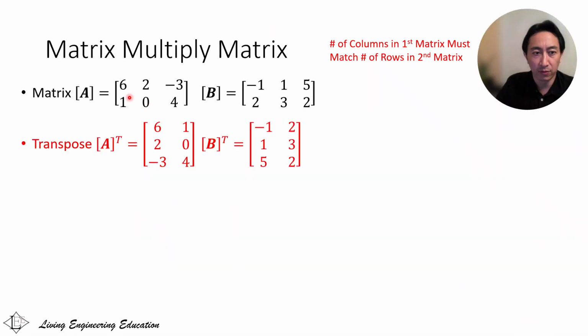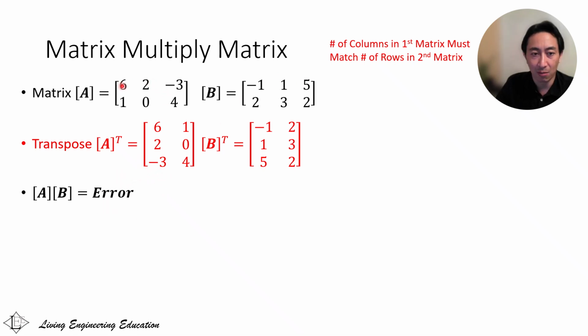So here we have our matrix A and B, and we have the transpose of matrix A and B. Now remember that when we multiply vectors or matrices, the number of columns of the first matrix must match the number of rows in the second matrix. So because of that, matrix A multiplied by B will give us an error, right?